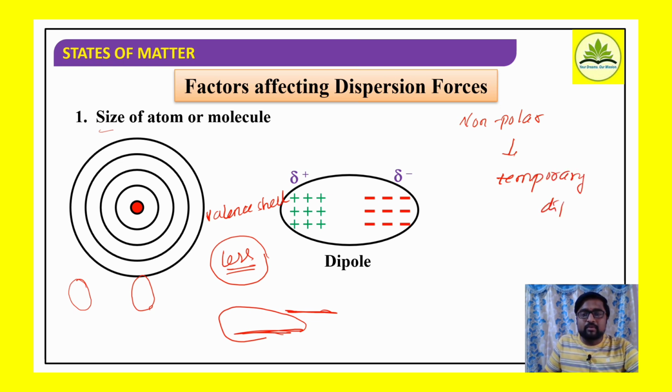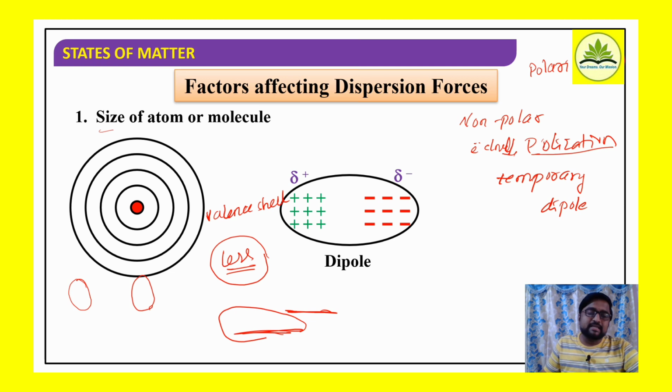The process of converting a non-polar molecule into a temporary dipole by distorting the electron cloud is called polarization. This polarization, or polarizability, depends on what?